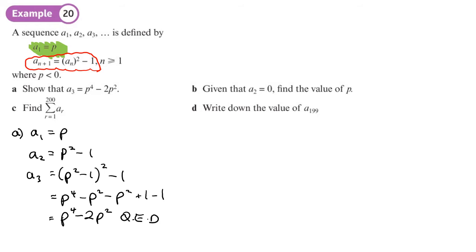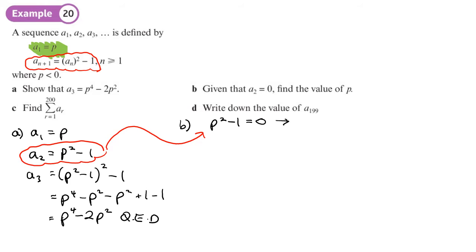Right, part B, given that A2 equals 0, find the value of P. A2 is this one, and we're told that it equals 0, so that means P squared minus 1 equals 0, which is P squared equals 1.